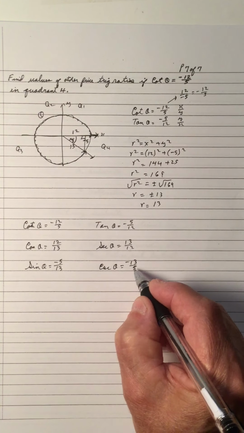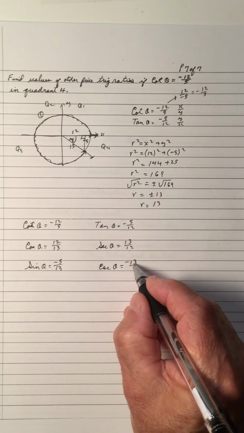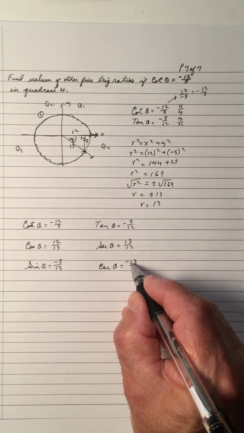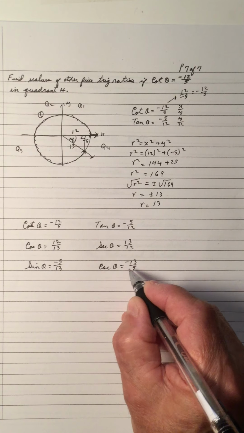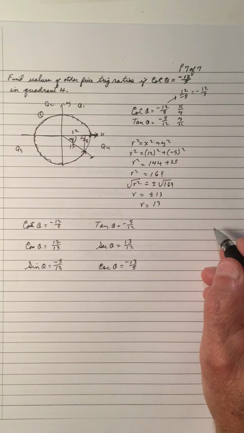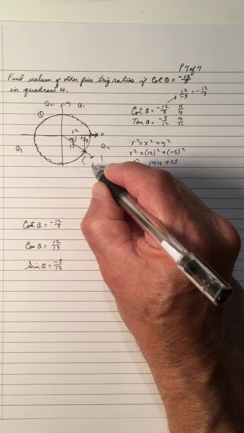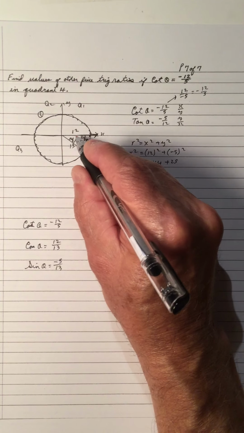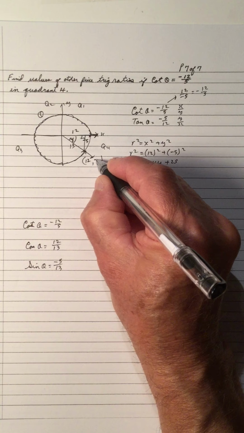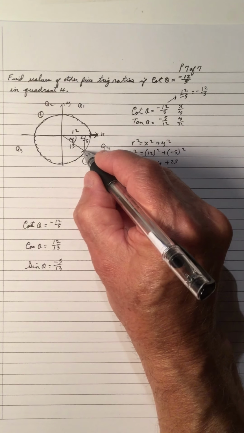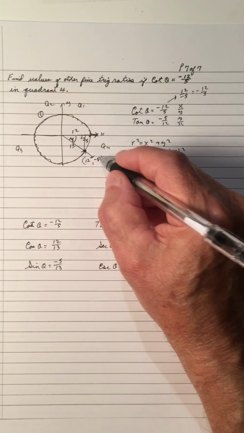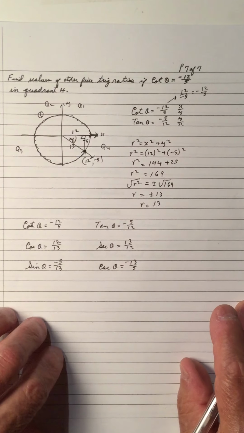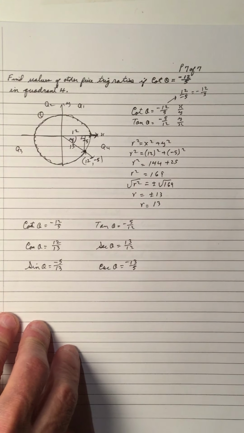The negative never goes in the bottom, even though 13 is the hypotenuse, but the fraction is negative. 13 is not negative. The 5 is the one that's going to be negative in this diagram. And this point right here, x is 12 and y is negative 5. So that's the point that the terminal arm passes through.